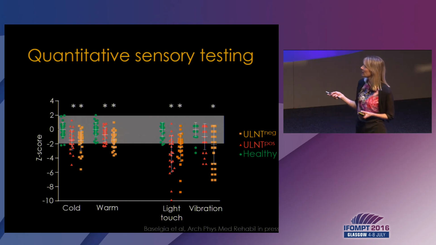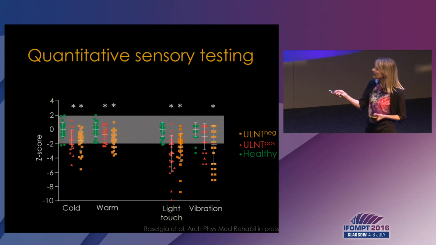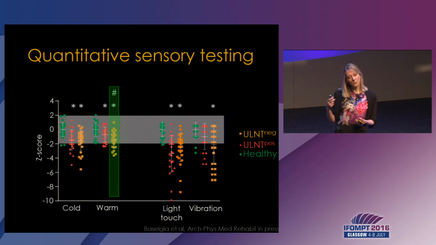As you can see here, in orange and in red are the patients with negative and positive neurodynamic tests. And you can see that they had significant difficulties feeling cold and warm, so again proved the small fiber problem. They also had problems feeling light touch. Interestingly, though, I would like to highlight warm detection. That is the only parameter that differentiated those patients with negative neurodynamic tests from those with positive neurodynamic tests.